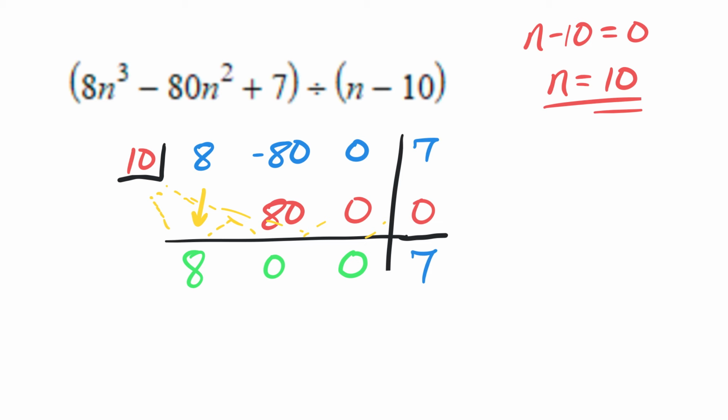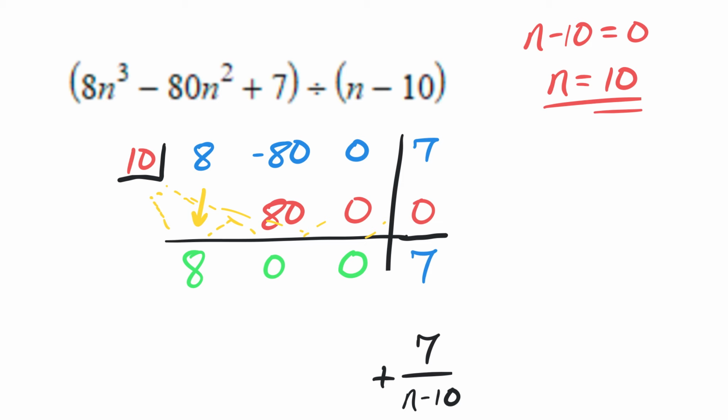So now let's interpret it. Whatever's right of the bar is the remainder. So the remainder here is 7. We have to take the 7 and divide it by what everything else was divided by and add it to the end. Remainder means this value did not get divided. So the only right thing to do is to go back and divide it.